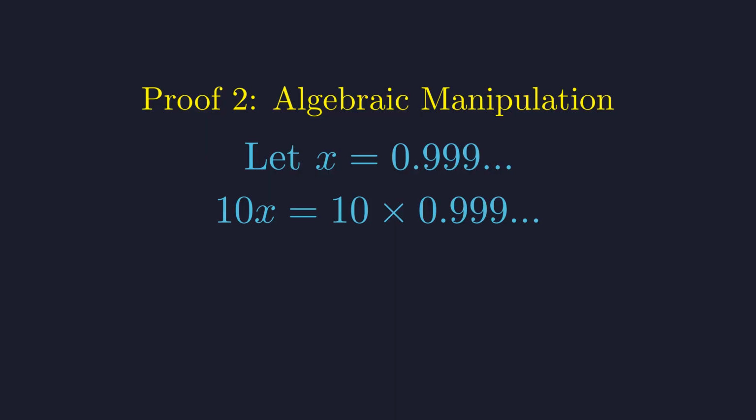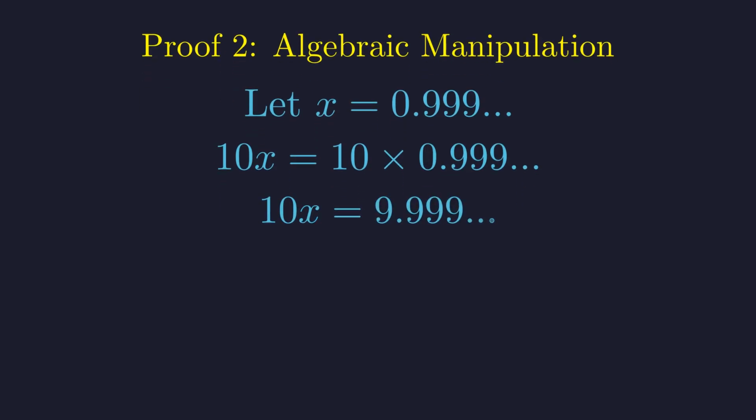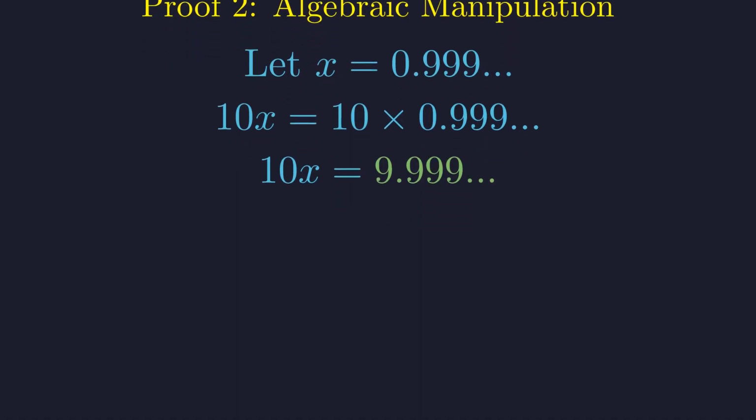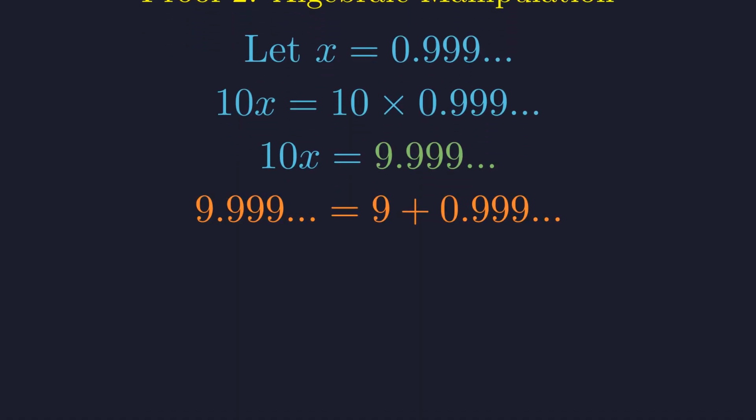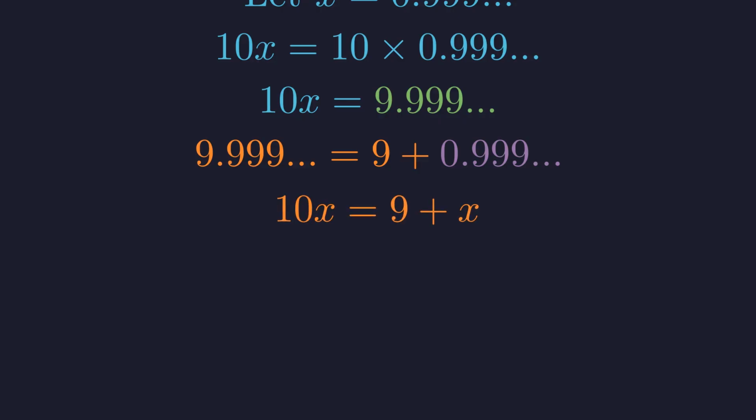For infinite decimals, this operation is well defined because limits preserve algebraic operations. 10 times 0.999... equals 9.999... Notice that 9.9999... can be written differently. We can decompose 9.9999... as 9 plus 0.999... But remember, we defined x to be exactly 0.999... So we can substitute x back in.